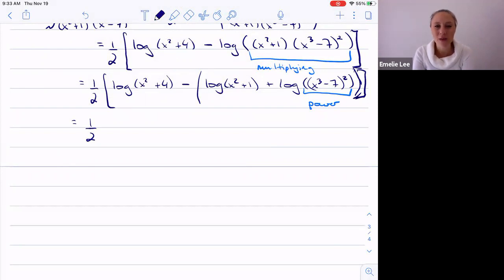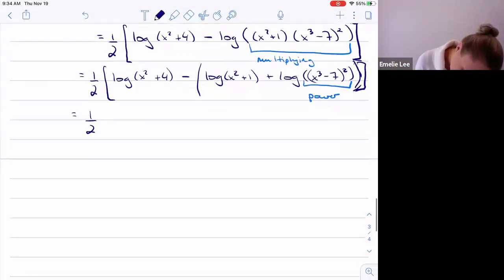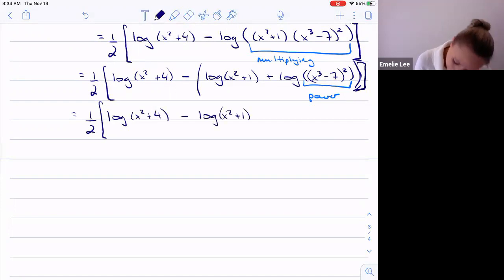Keep that power on the outside, or the 1/2 on the outside, just until you're done inside, and then you can bring it in. Okay, so this becomes the log of x squared plus 4 minus the log of x squared plus 1 minus 2 times the log of x to the 3 minus 7.